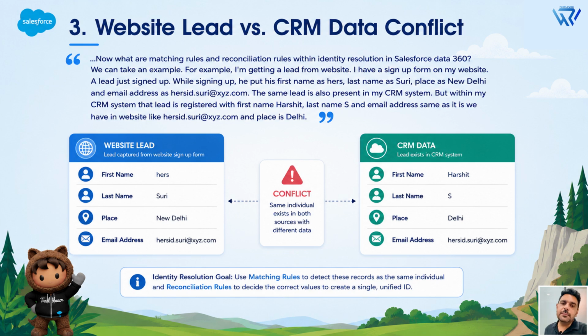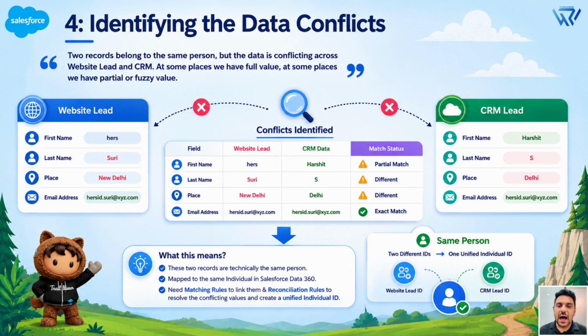But within my CRM system, that lead is registered with first name Harshit, last name S, and the same email address as on the website, harshit.suri@xyz.com, and place is Delhi. So on my website I had place as New Delhi, but the existing lead in my CRM has place as Delhi.